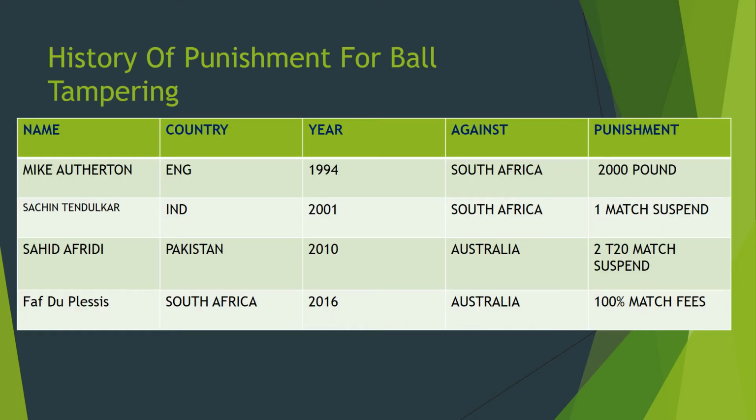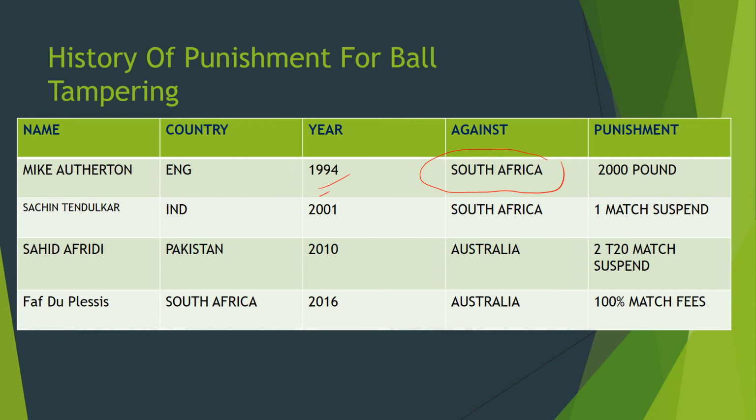History of the punishment for ball tampering. Prior to 1994, the British didn't have any knowledge of reverse swing. They first learned of reverse swing in 1994 against South Africa.